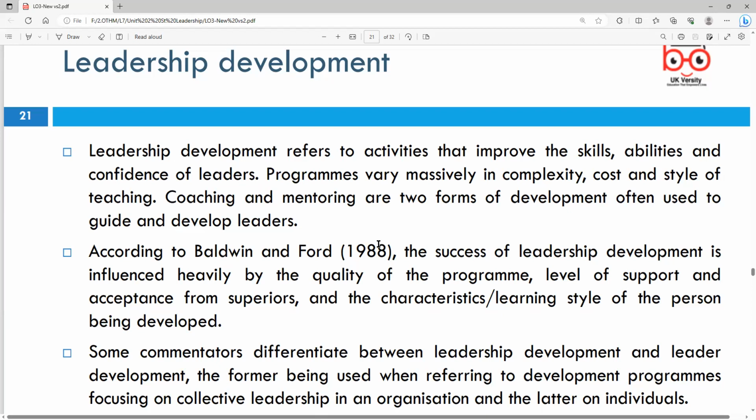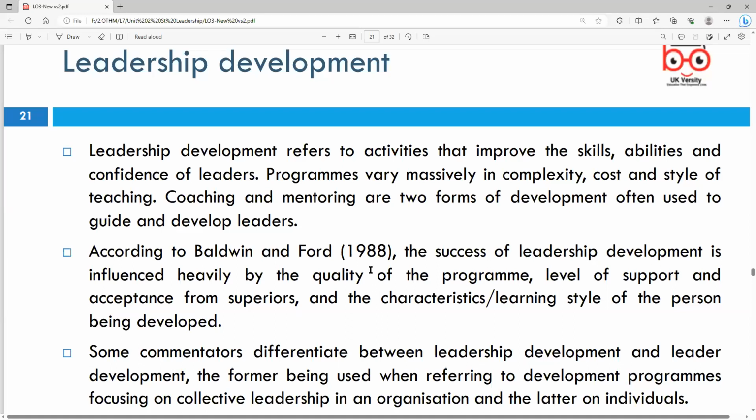So leadership therefore refers to different activities of leaders to improve their skills and abilities, to create confidence and to empower them through different types of development skills and so on.